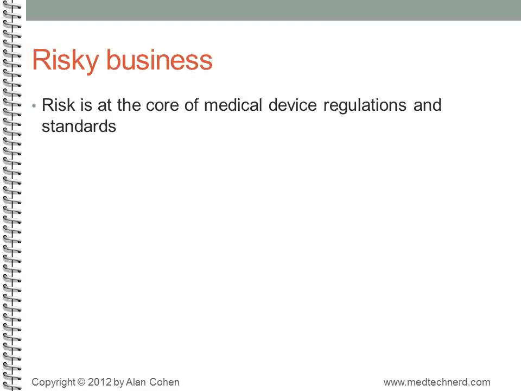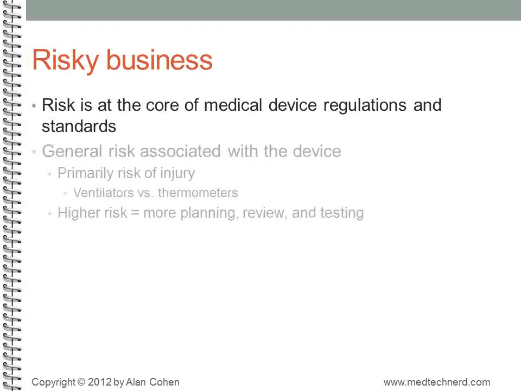Risk comes into play in a couple of ways within standards. First off, there is the general risk associated with a device. For example, we all recognize that a ventilator, which allows a person to breathe, has a greater inherent risk associated with it than does a tongue depressor. As we'll see, regulations and standards take these inherent risks into account.